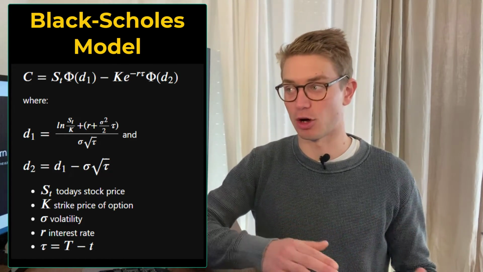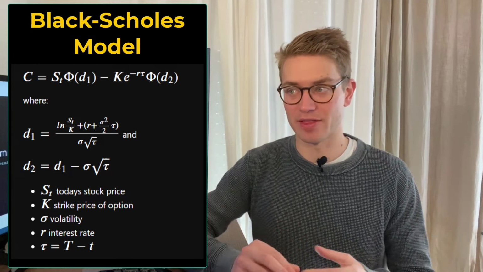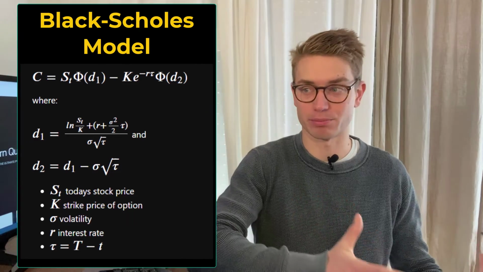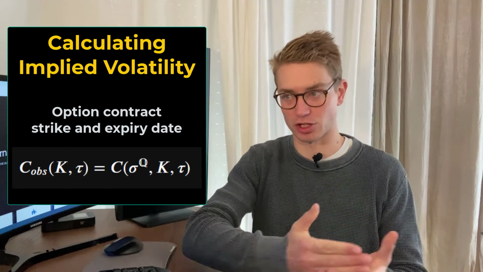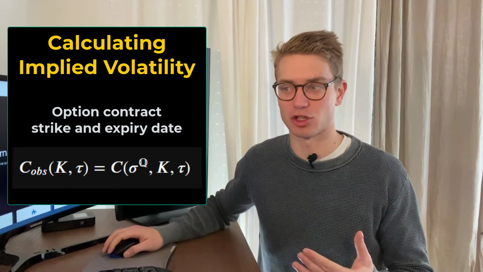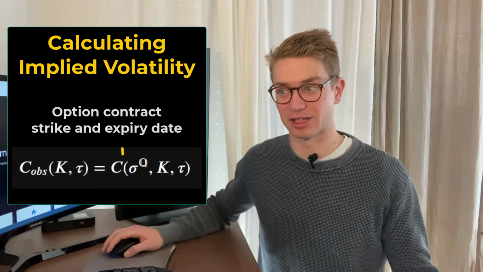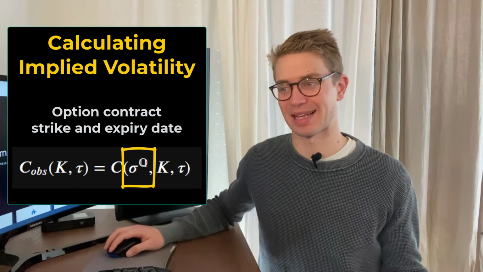So for a particular option with a strike K and a time to expiry tau, there will be an observable market price. So essentially you can take that market price, the call price observed in the market for a strike and tau, and you're going to then find a value of the implied volatility according to the model that then gives you that same price.